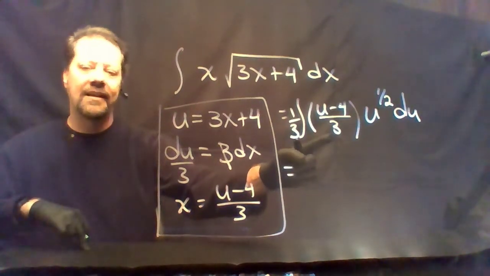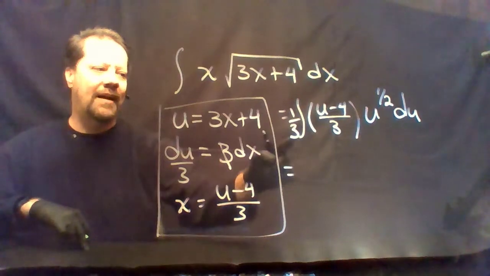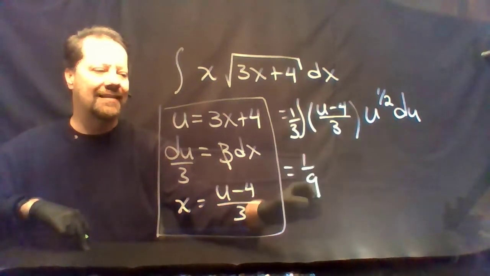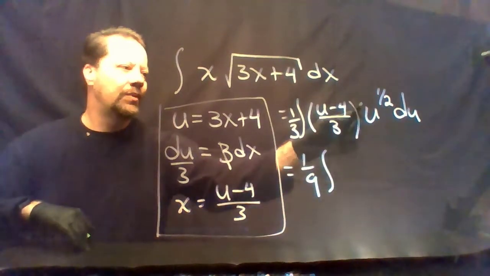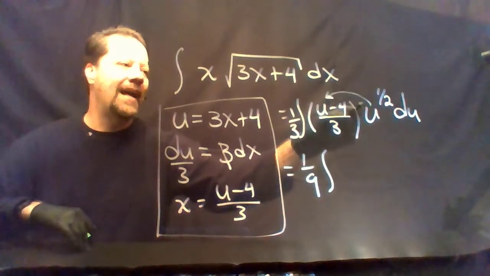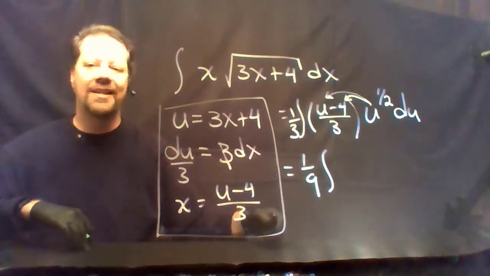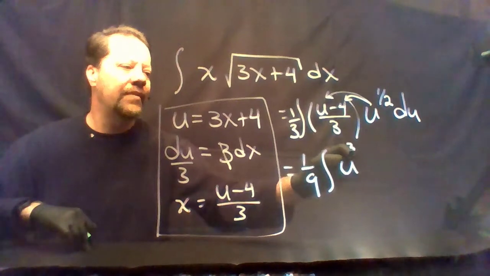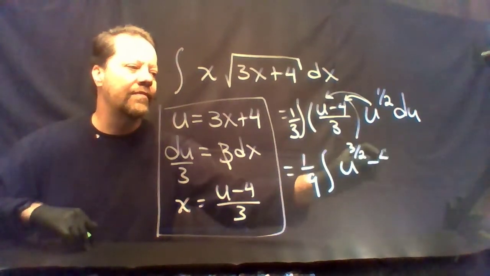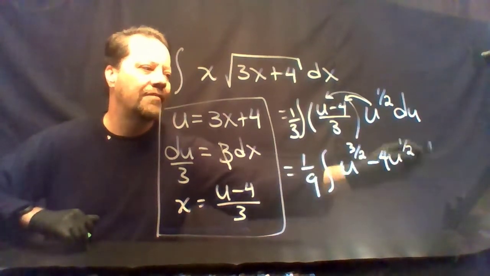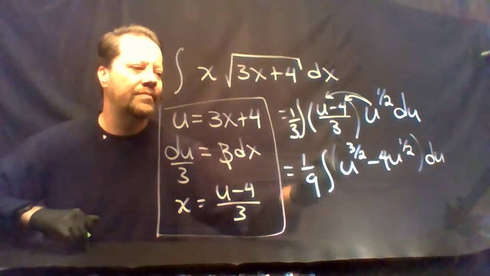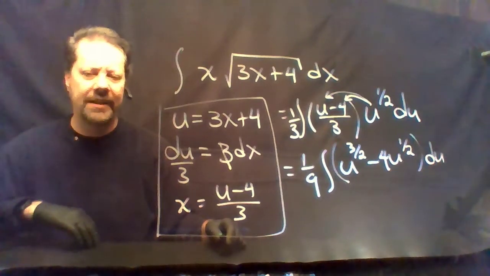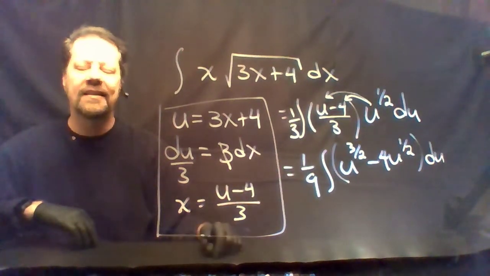This 3 in the first factor of the integrand can come out, joining the 3 outside of the integral, leaving 1/9. We'll distribute the u to the 1/2 on each of the two terms inside of the parentheses. That'll give us u to the 3/2 minus 4 u to the 1/2, all times du. The parentheses in this case are considered to be optional because it's assumed that du is multiplying the entire integrand.